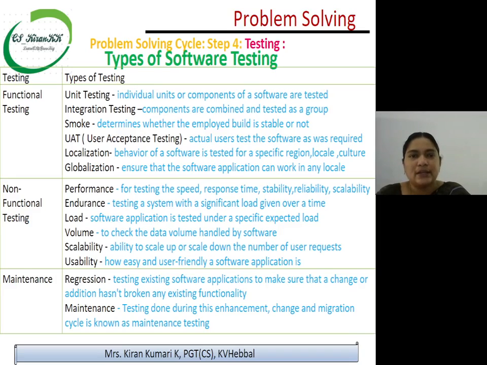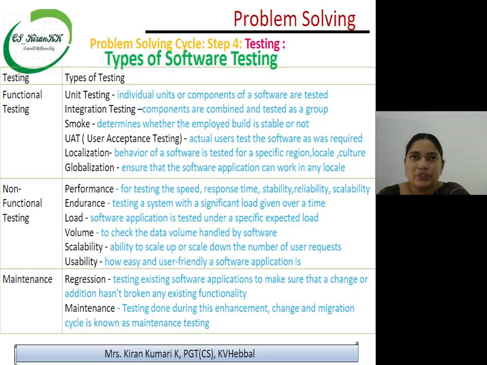Next, smoke test. Smoke test checks whether the deployed build is suitable and stable or not. Okay, so whatever coding is deployed, whether that is stable or not, that is the smoke test. Then user acceptance testing. Actually users test the software as was required.